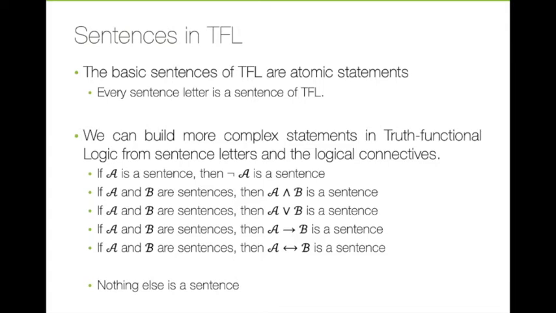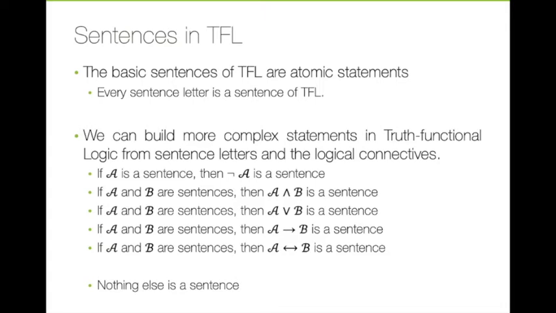So the rules for constructing sentences are: if A is a sentence, then not in front of A is a sentence. If A and B are sentences, then A conjunction symbol B is a sentence. If A and B are sentences, then A disjunction symbol B is a sentence.